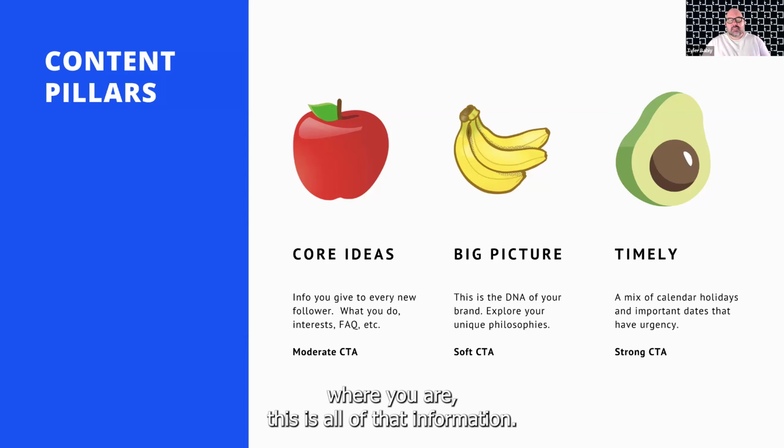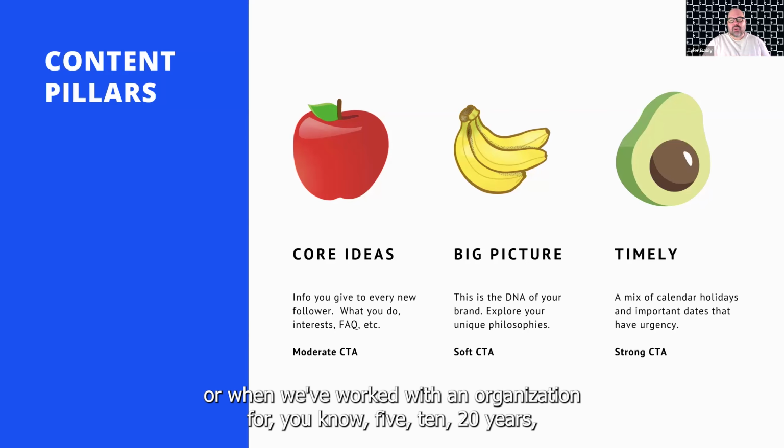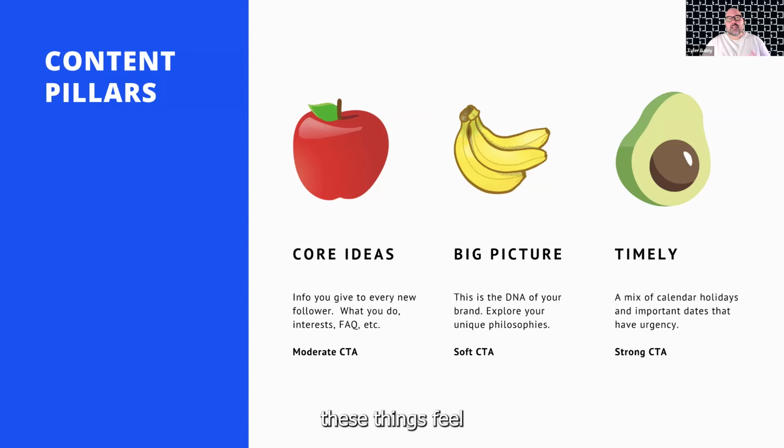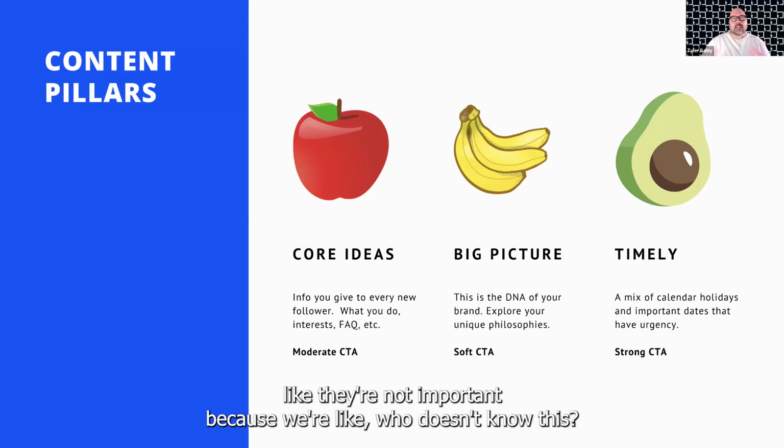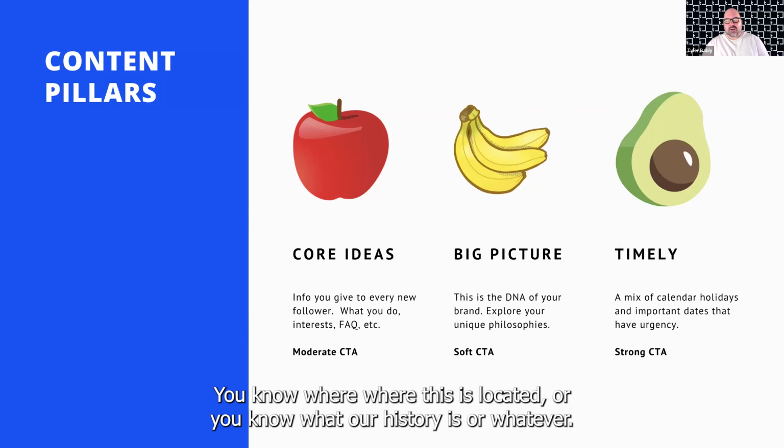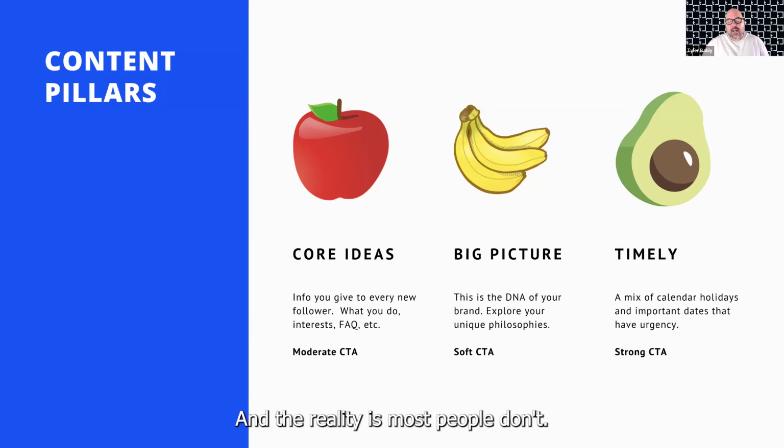When we've worked with an organization for 5, 10, 20 years, these things feel unimportant because we think, who doesn't know this? Who doesn't know where this is located or what our history is? The reality is most people don't. So core ideas is the least sexy, but arguably the most important.